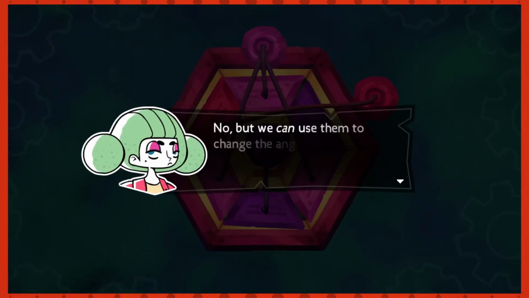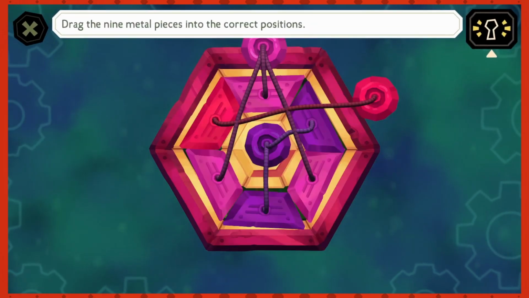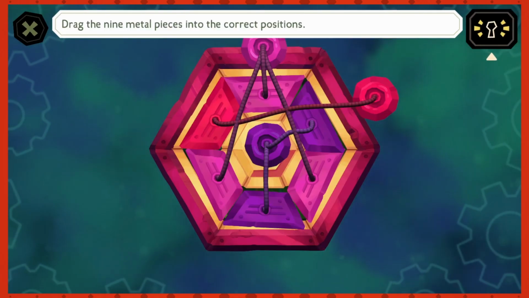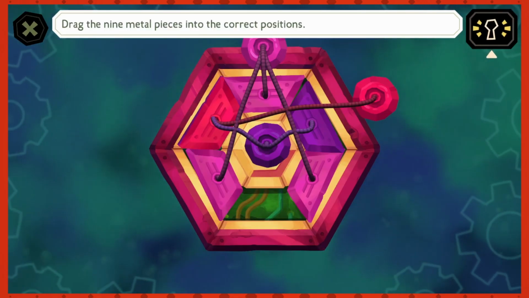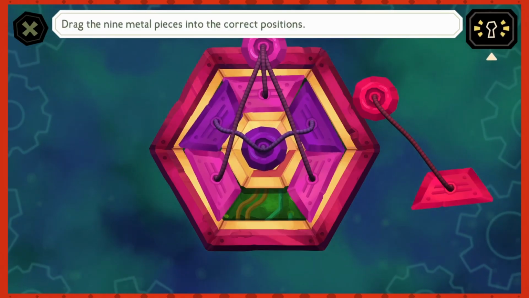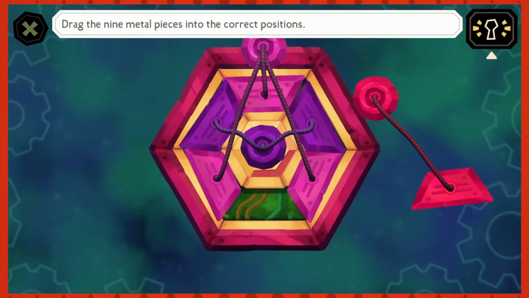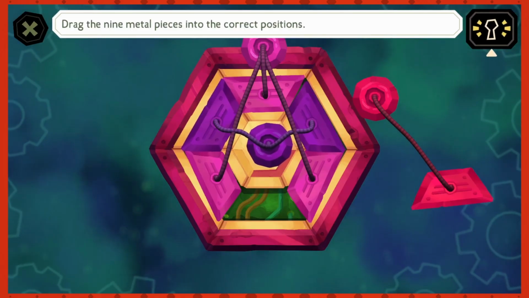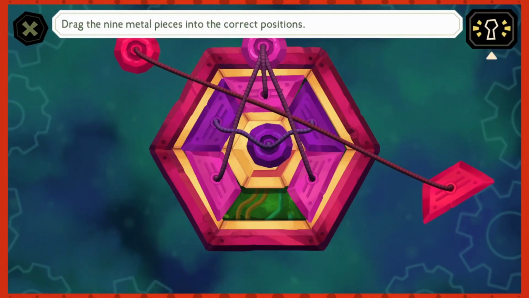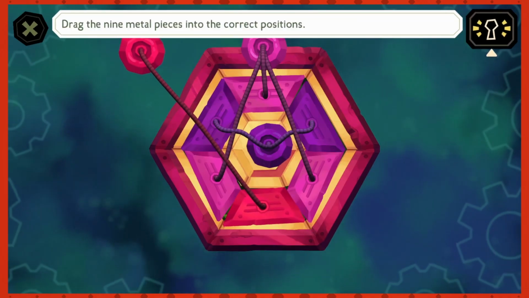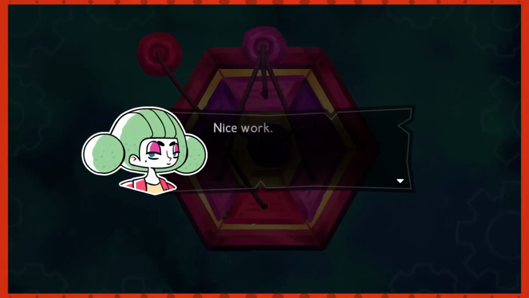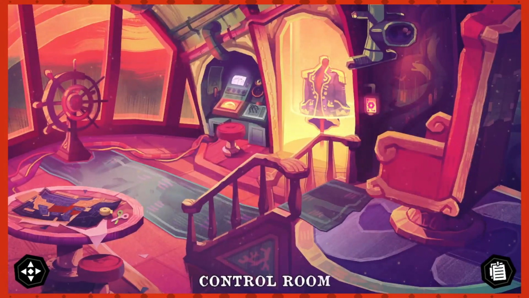I guess that's wrong. Each panel's... No, but we can use them to... Okay. Oh, wait a minute. Yes, I think that's right. Put that in the middle. A little bit south of the middle there. And then this can go down here. Oh, that was it. There we go. Weird one, but okay.